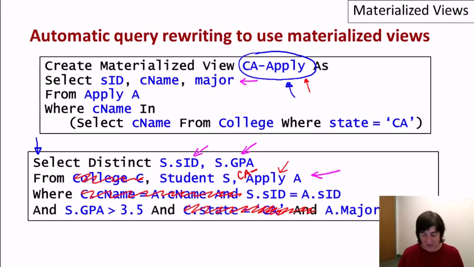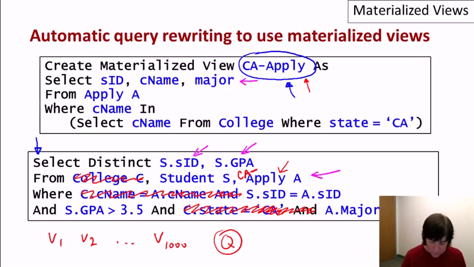So you can imagine actually a very complicated and interesting problem for the database system itself. It has lots of materialized views, let's say, stored in the database, V1, V2, all the way to V1000. And along comes a user query Q, which might be a complicated query, and the system wants to determine whether any of these views could be used to help Q have better performance.